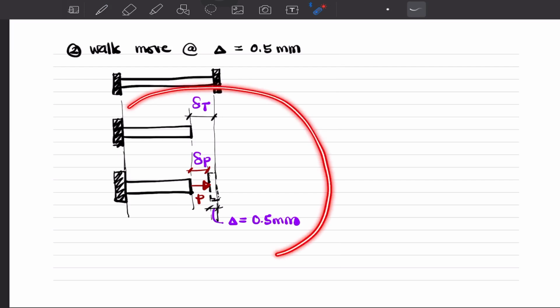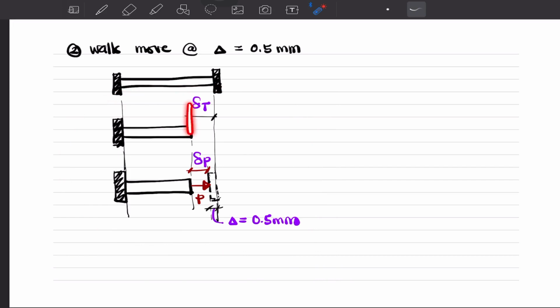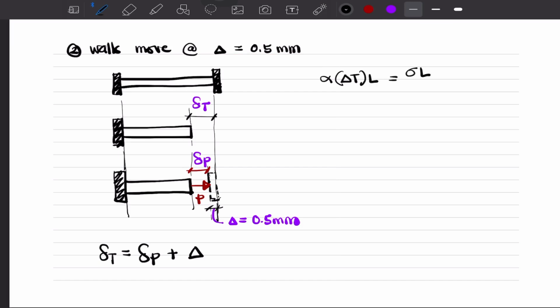Okay, based on our sketch, what compatibility equation do we get? This distance is again equal to this distance. So from that, the deformation due to the change in temperature is equal to the deformation due to the load that we applied to restore it, plus the displacement of the wall of 0.5 mm. So therefore, the deformation due to the change in temperature, alpha delta T L, equals stress L over E plus 0.5.